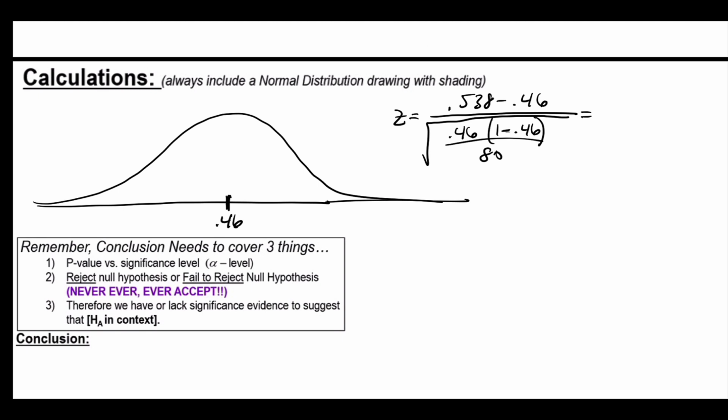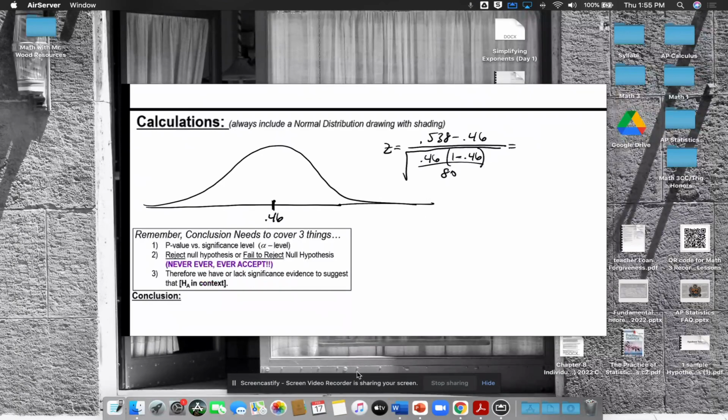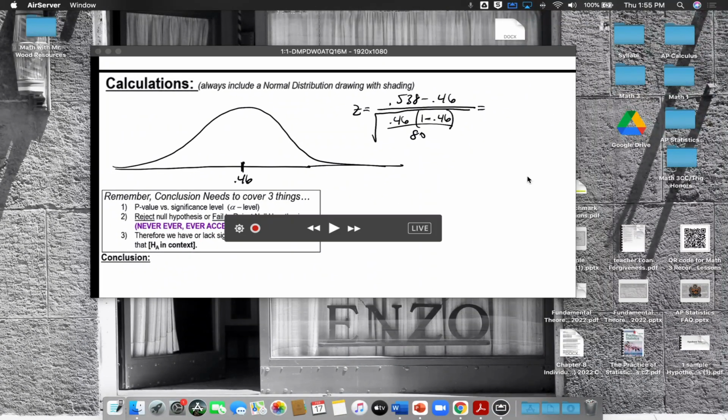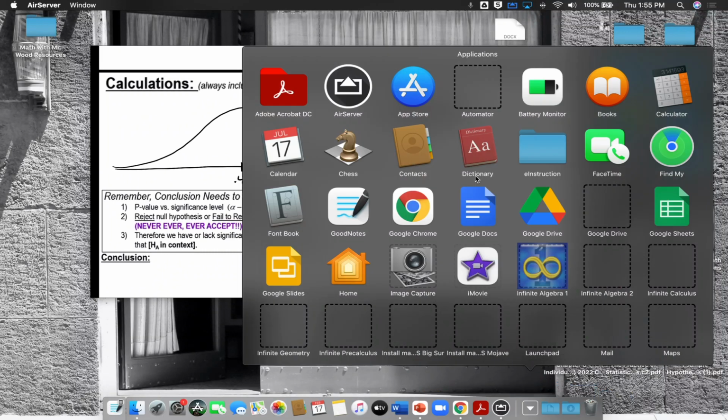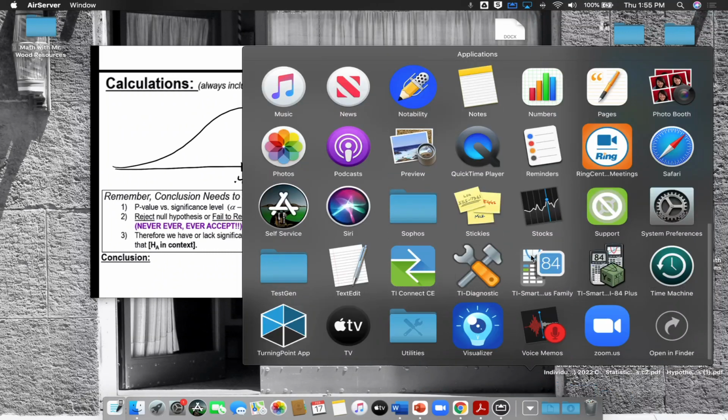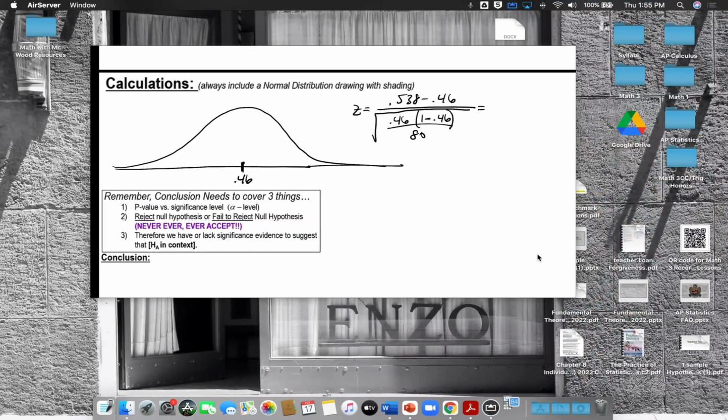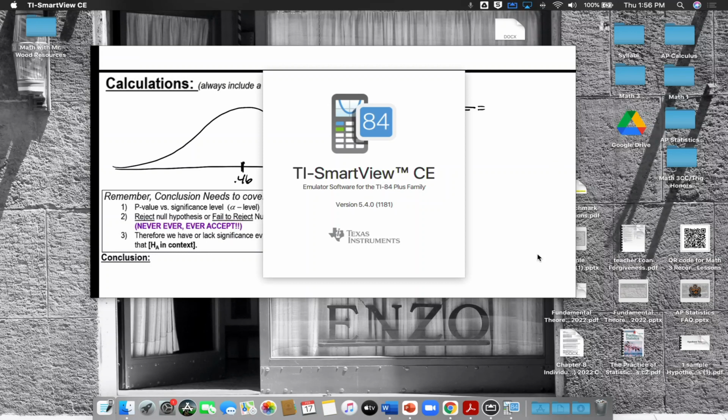Okay. So go to the calculator. Let's see. Before the calculator comes up, we need to shade. So our p hat is 0.538, which is greater than. This one is not greater than or less than.